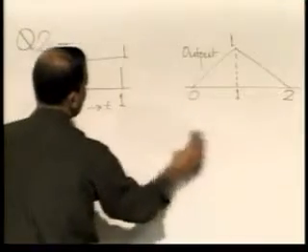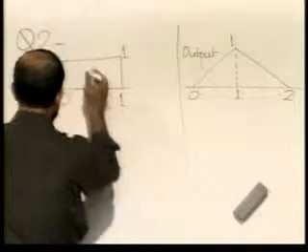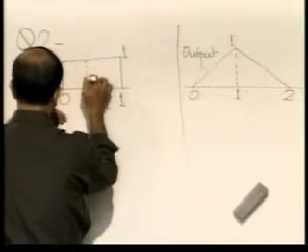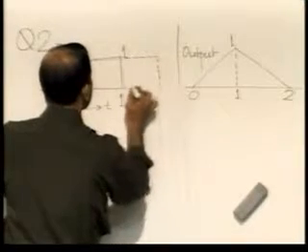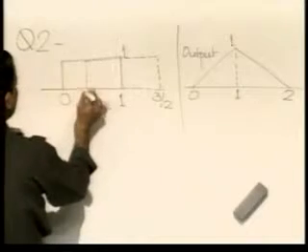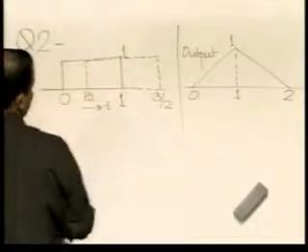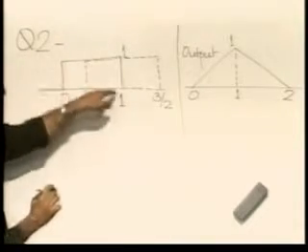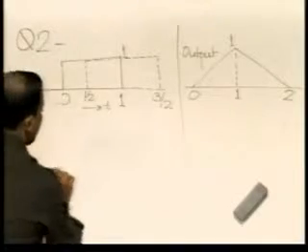Let me keep this output as it is for the moment. I shift it by half. And that gives me an input. So here you are, this starts at half and goes up to 3/2. Now if I add this to a shifted version of itself by half, what do I get? I get this.